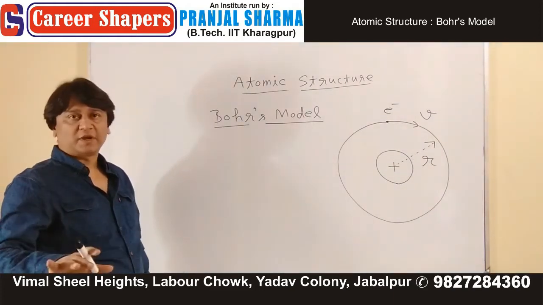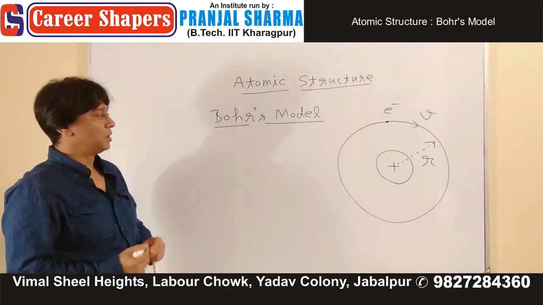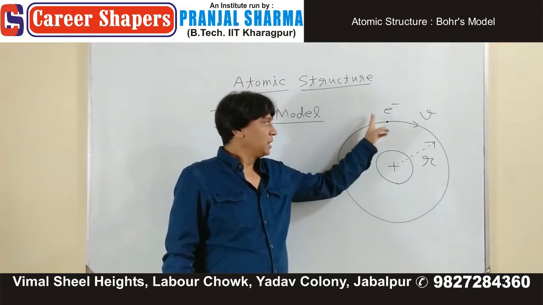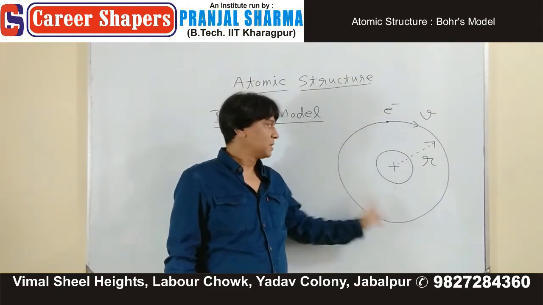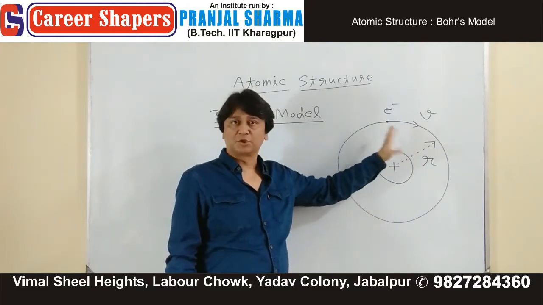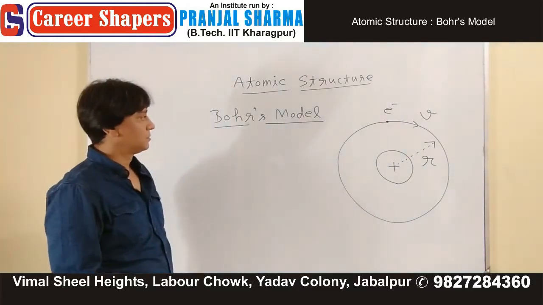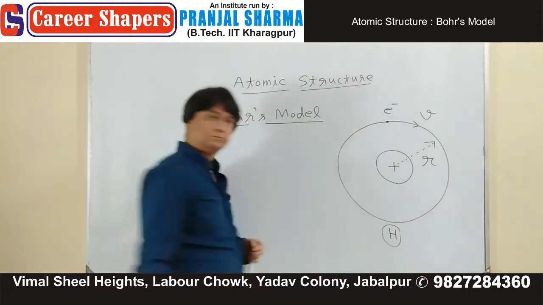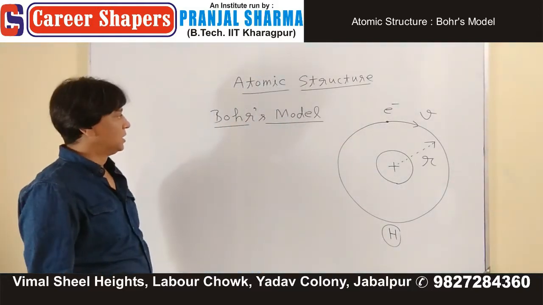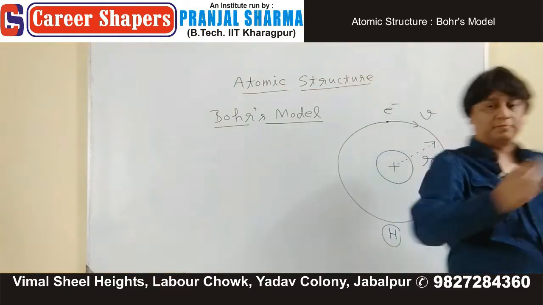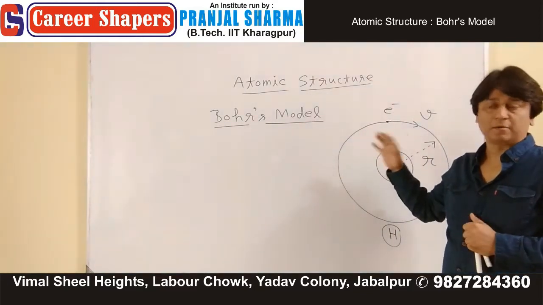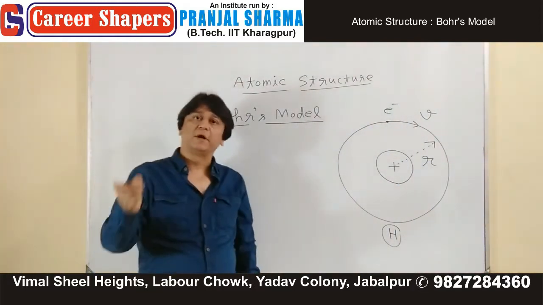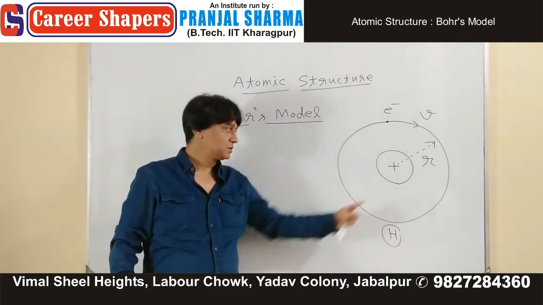So this is the very basic Bohr's model: nucleus which is positively charged, electron orbiting around it at a distance of r with some speed v. And right now we are talking about the hydrogen atom. So if you talk about Bohr's model, then what he says is that all the electrons orbit in circular paths, circular tracks.